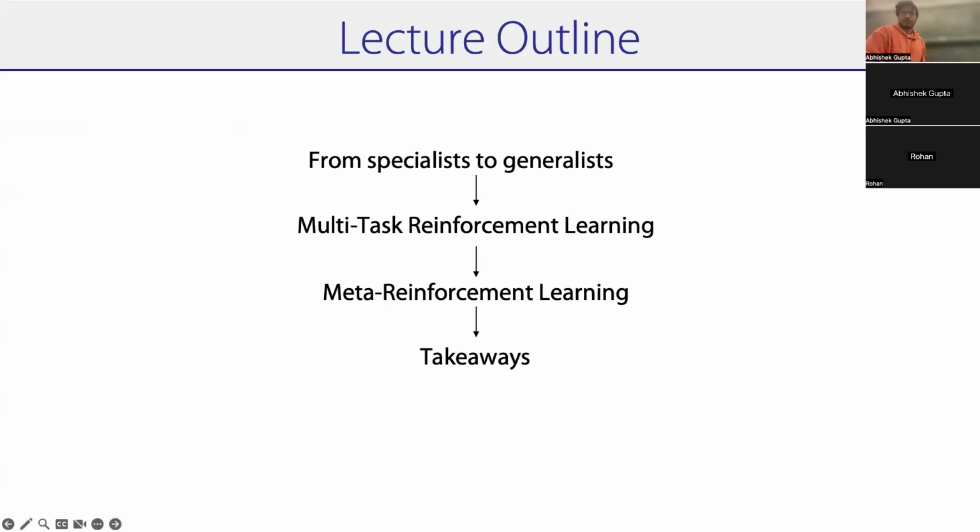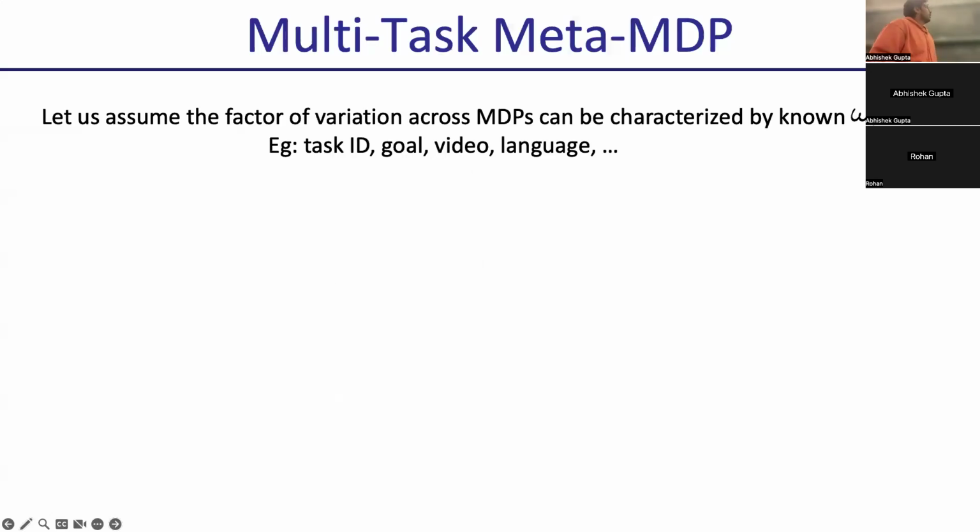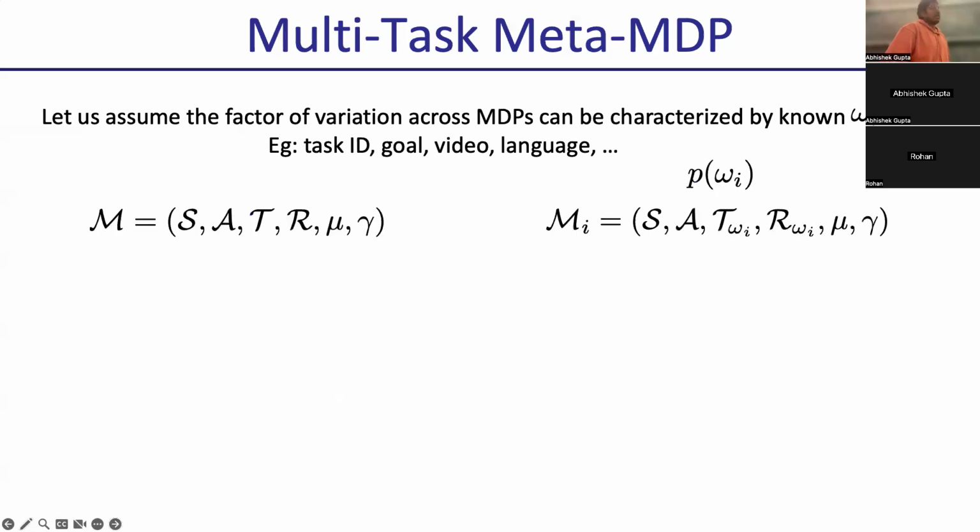Great. So to formulate the multitask setting, we're going to construct a meta MDP, right? And this meta MDP is going to say that there's some context ω_i that characterizes every problem.